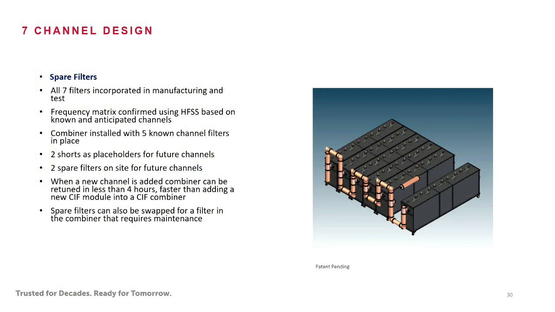Maybe you're sharing a site and you think, well, that guy would love to move into my shared antenna, but he can't do it until next year. Well, great, you can build that with a space for him there that's ready. We'll give you a short that goes in there until he's ready to move in, and then when the time comes, he slides his filter in, you change a couple of U-links, and you're on the air with the combined system.